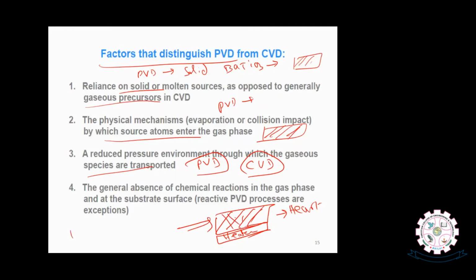That's what we have seen, right? Titanium fluoride plus nitrogen and hydrogen, titanium nitride and HCl. That's what you are seeing here. In the same way, in the case of PVD, it is not that. These are the fundamental differences you need to remember when we talk about PVD and CVD.